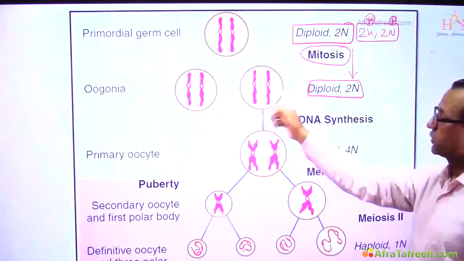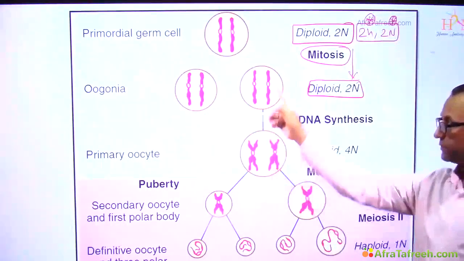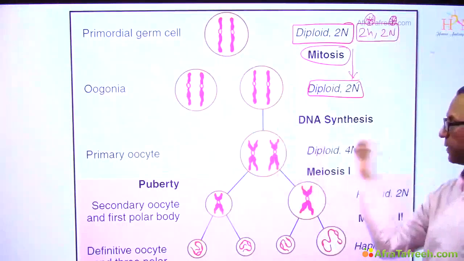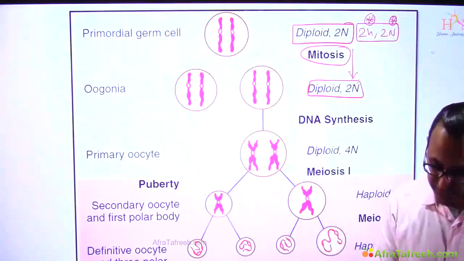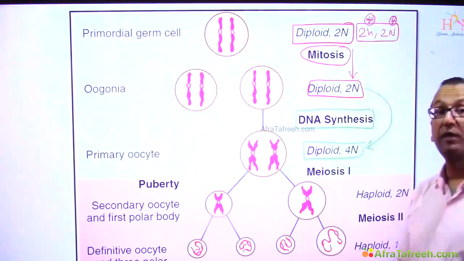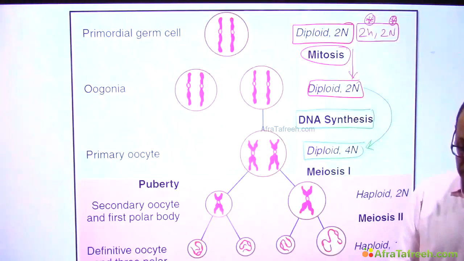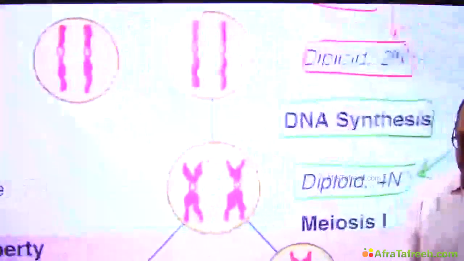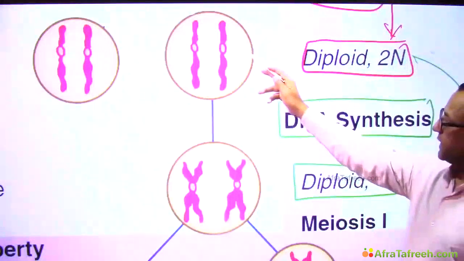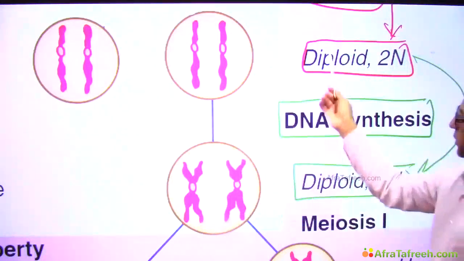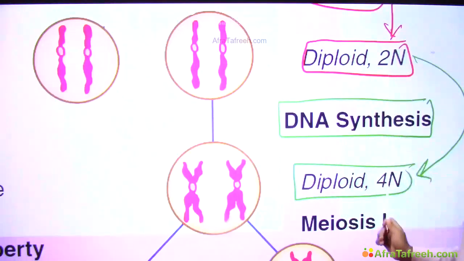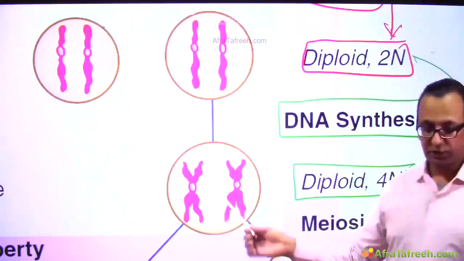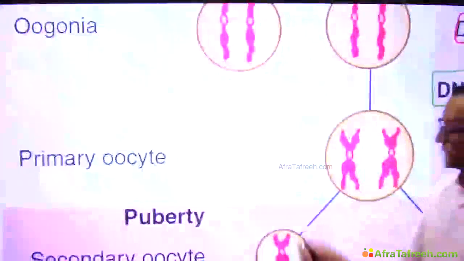But then this oogonium wants to enter the meiosis and it has to duplicate the DNA. As it is duplicating the DNA, you see it has become 4n. So 2n has become 4n now. You can find out that when there is a duplication of DNA, the diploid status is the same, but the amount of DNA is double.